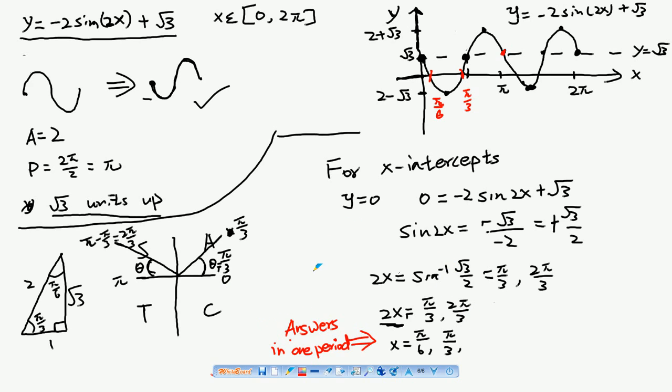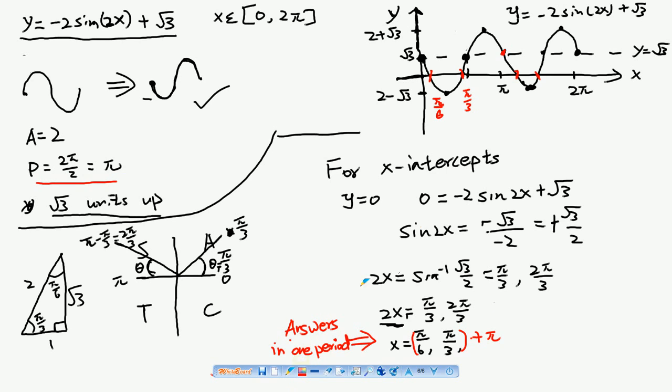As we can see, we only have the x-intercepts in the first period, and we also need to find the x-intercepts there and there. Because they repeat over the same period, we add the period to these two values individually. In this case the period is pi, so I just add pi.